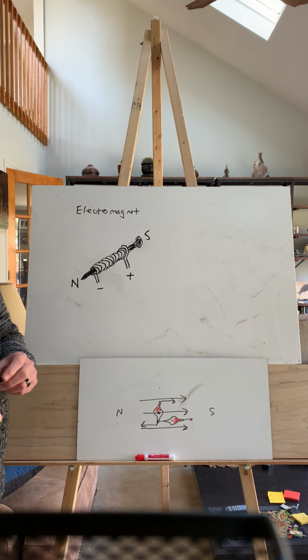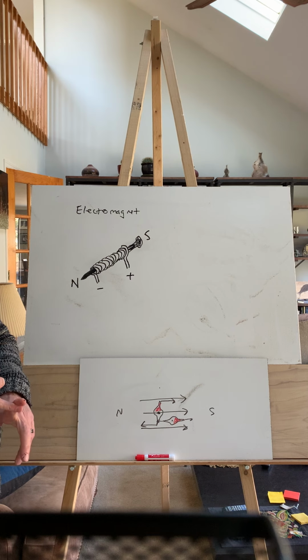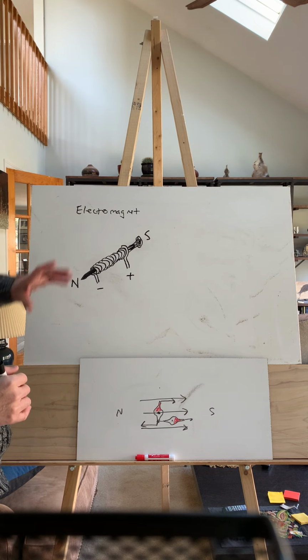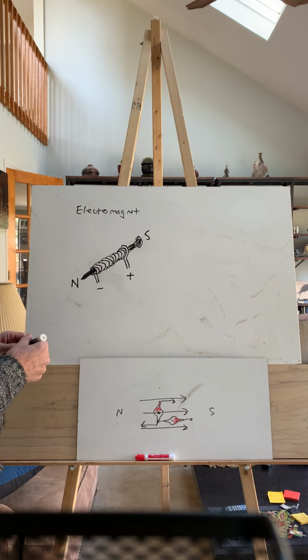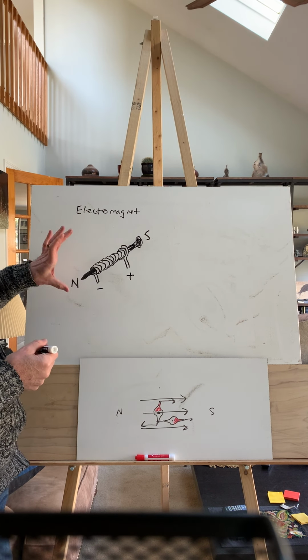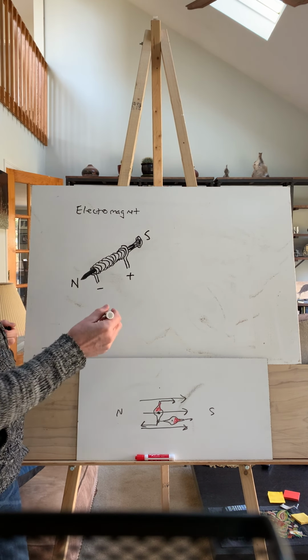And an electromagnet has some features that are kind of interesting. If you think for a minute, you can see what the advantages to an electromagnet are. Let's first talk about how we can vary the strength of the electromagnet.